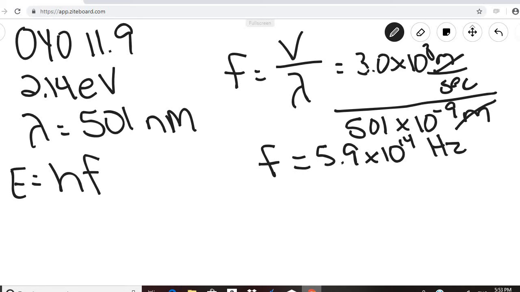Okay, and then we can plug that frequency into our equation here.